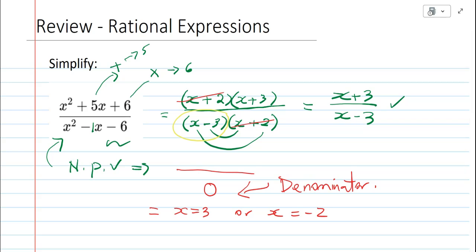So there are two possible non-permissible values here. Now, do not use the last simplified form here, because that will not give you all the non-permissible values. All right, so here's question number 1. Let's move on to question number 2.